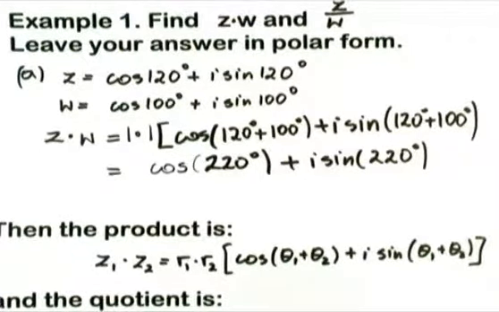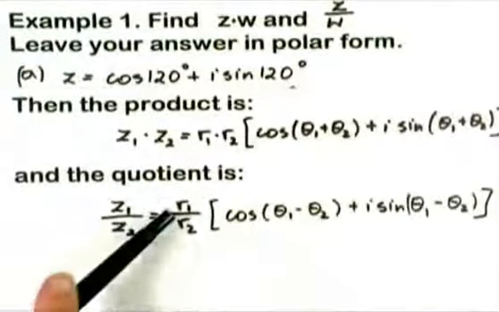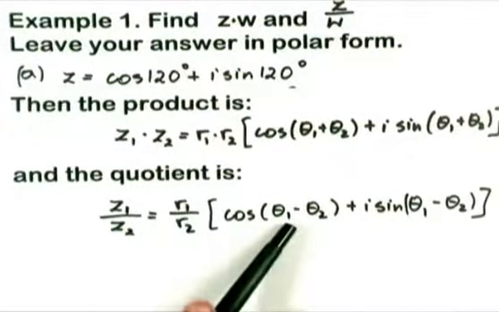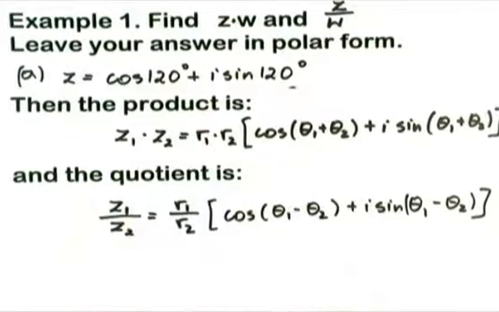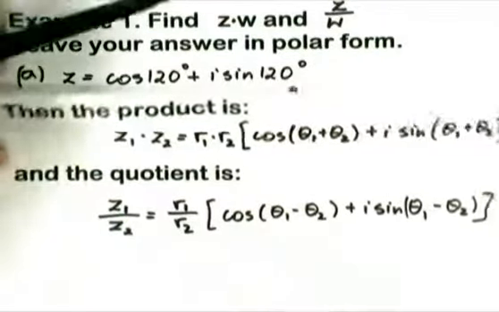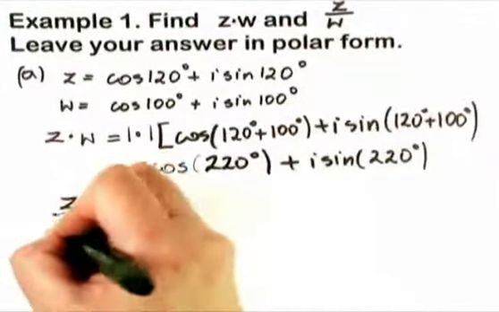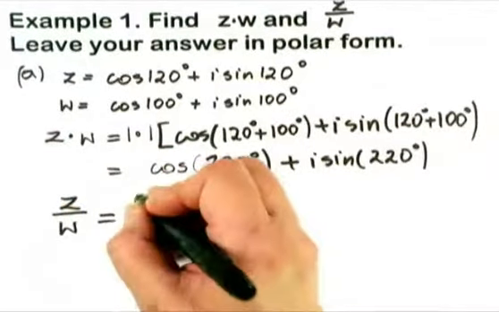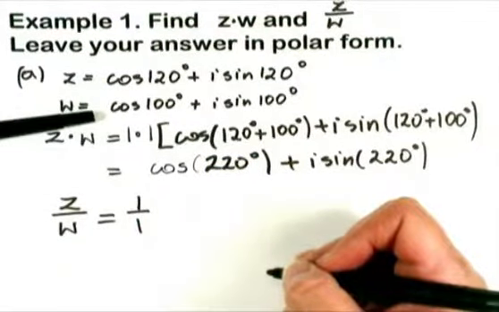Now we're going to go with the quotient. Here is my quotient. We divide the r's and we subtract the angles, in the same form: cos, cos, sine, sine. So z divided by w is equal to the same r, which is 1, that was the coefficient right here.